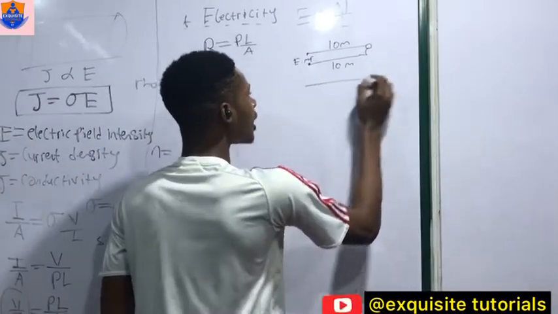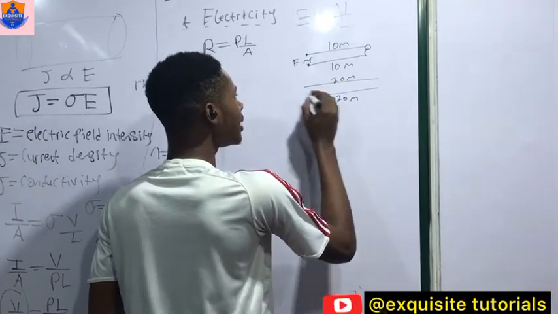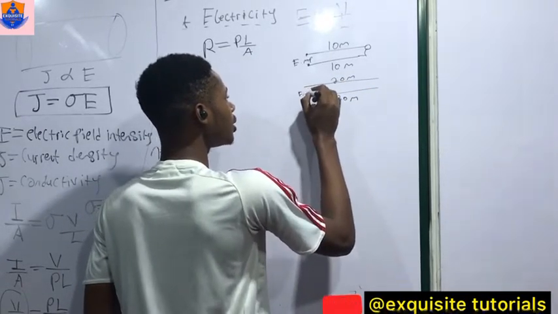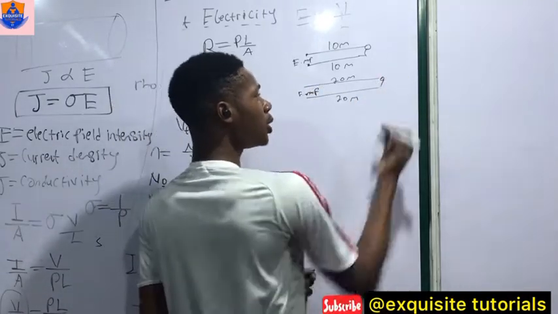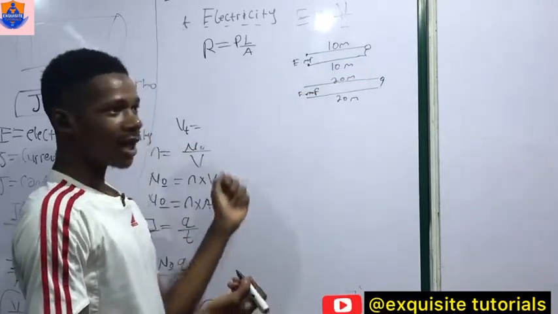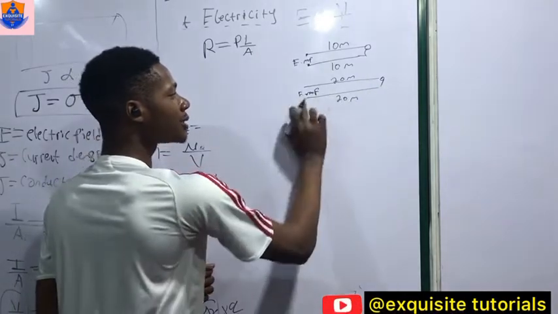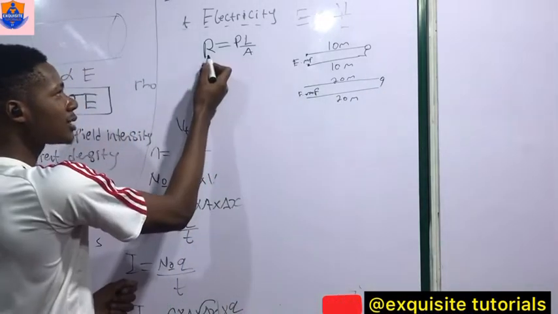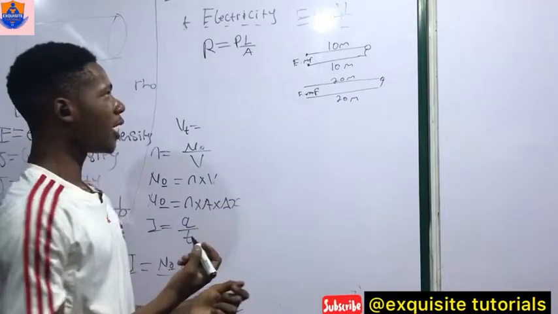What if we choose to extend these wires by 10 meters each, making them 20 meters? This is the EMF, and we have the same bulb. You observe that the brightness of the first bulb will be far better than the brightness of the other bulb. This is because the conductors have increased in length. Resistance has increased because the length has increased. Same thing applies to the area.